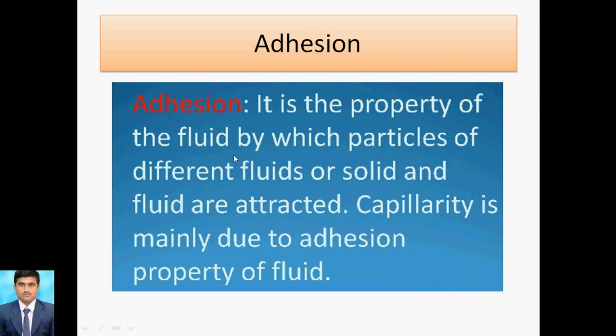Here two different media are there, one is solid and the second is fluid. When this phenomenon happens, the capillarity effect occurs. Capillarity is mainly due to adhesion, so whenever the adhesion property is there, capillarity happens.